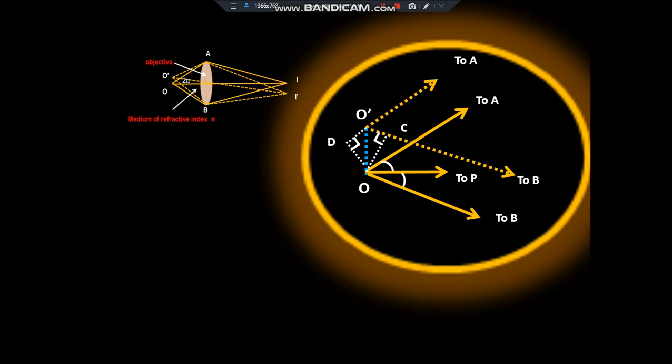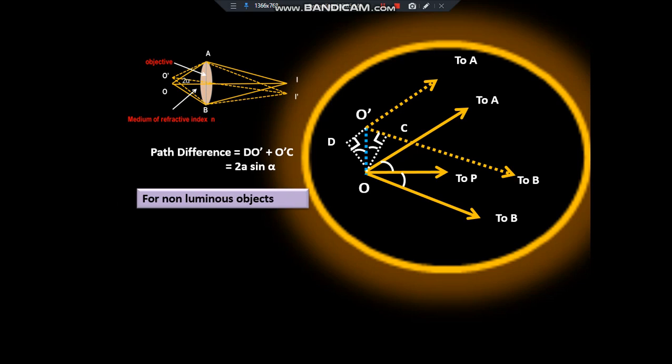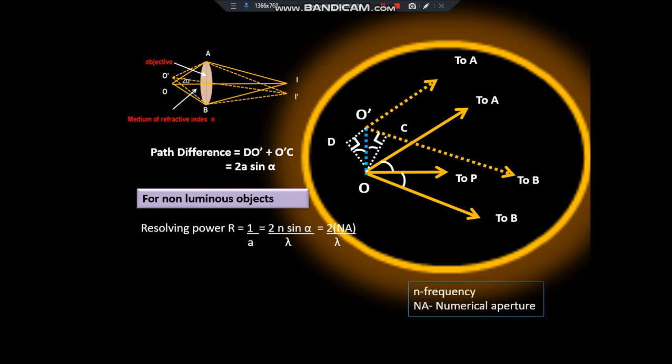And this particular angle is alpha. So path difference is DO dash plus O dash C, which is equal to 2a sine alpha. For non-luminous objects, the resolving power R is equal to 1 upon a, which is equal to 2n sine alpha by lambda. But we know n sine alpha is the numerical aperture. So that's 2 NA by lambda, where n is the refractive index and NA is the numerical aperture.